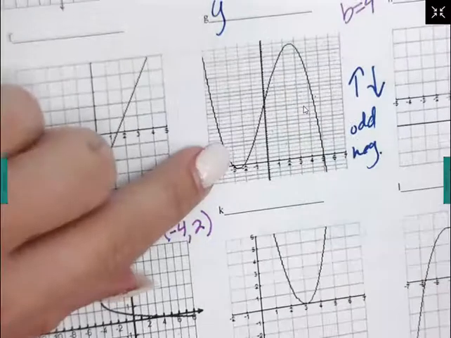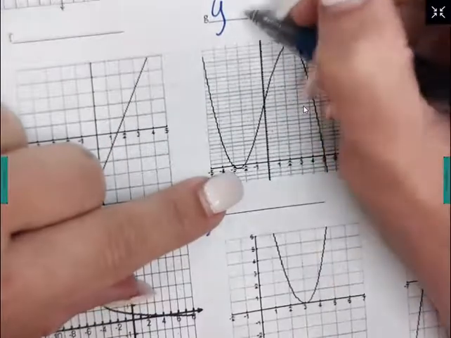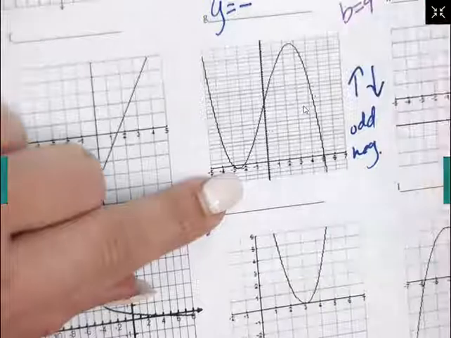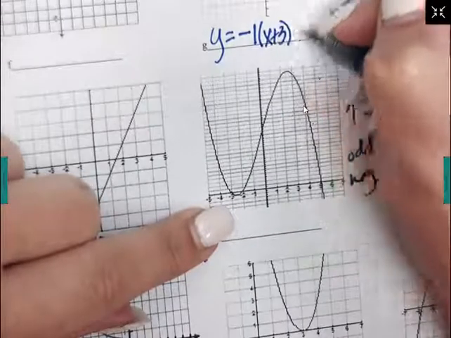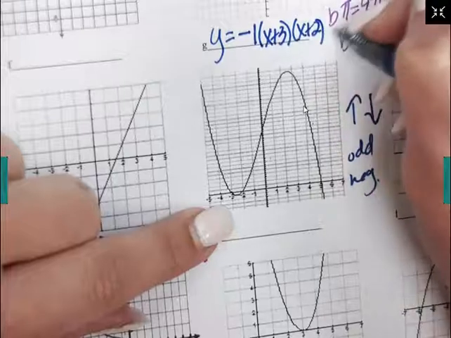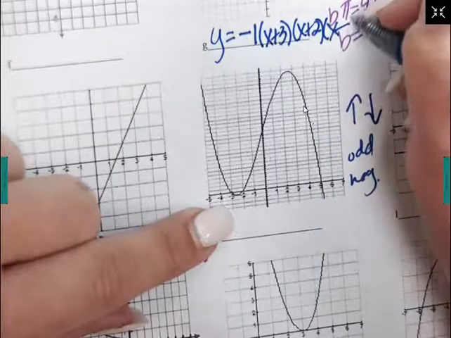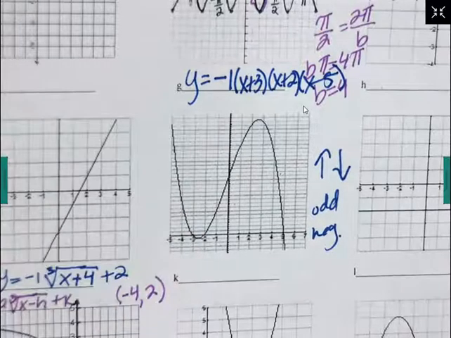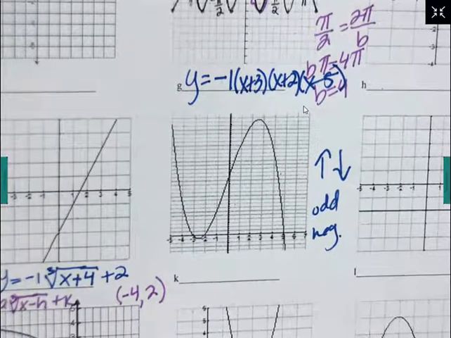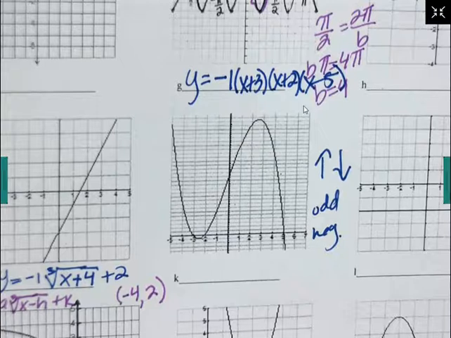It almost looks like it bounces, but if you get real close, you can see it doesn't. That's y is equal to -1 times x plus 3 times x plus 2 times x minus 5. And did you notice how I'm taking the opposite of where it crosses through the x-axis? Are there any questions there? That is an x minus 5.